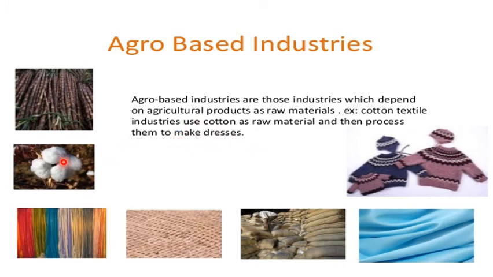This is the cotton that we get from our crops, and that is converted into cloth. This is a process. So these kinds of industries which use the raw materials of our agricultural products are called agro-based industries.